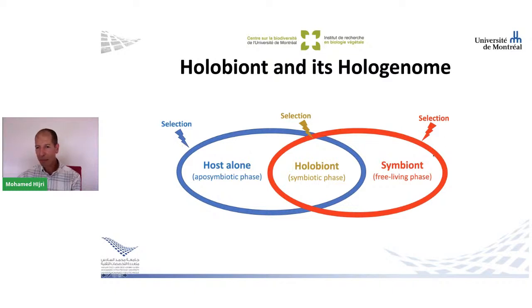And if you take the symbiont, in a free-living phase, it is also subjected to natural selection. However, if we put them together in the symbiotic phase, the host and the symbionts are subjected to different ways of natural selection. It's really a form of ecological unit.